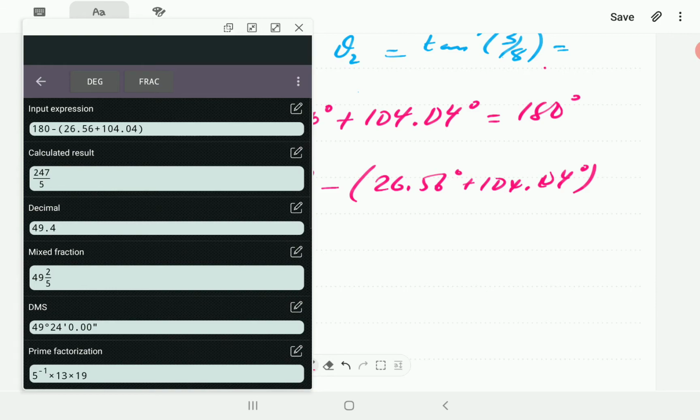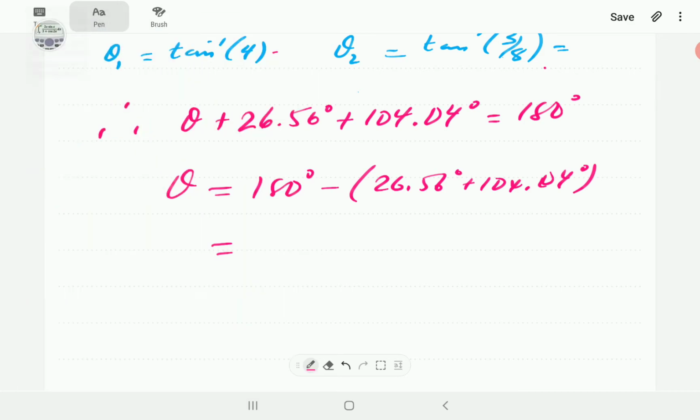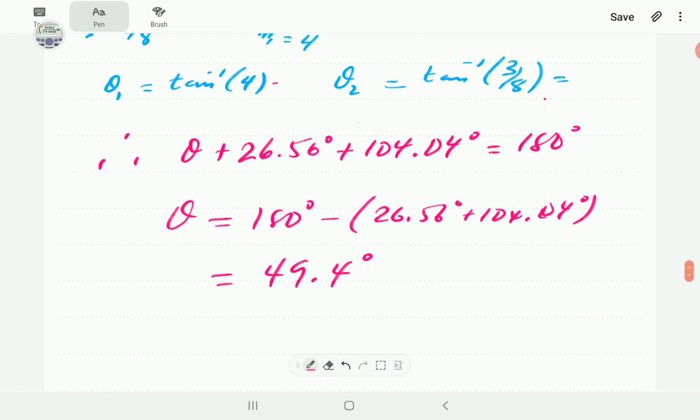In decimal degrees, it's going to be 49.4. So our angle of intersection is 49.4.